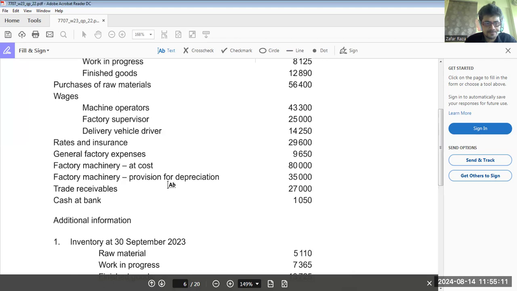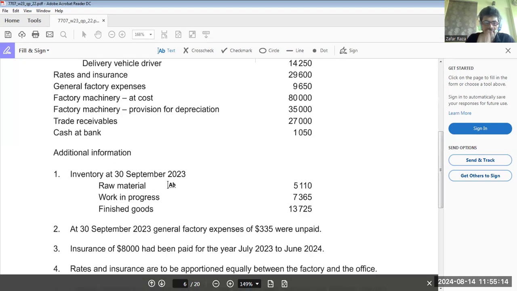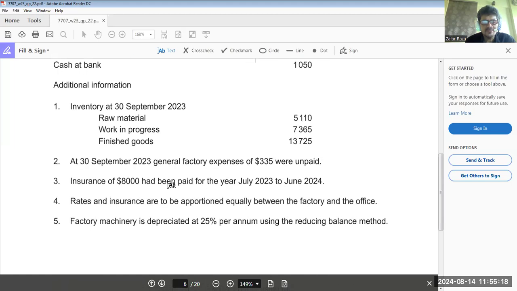Additional information. Closing inventories are given. General factory expenses were unpaid, accrued. Insurance might be, we have to calculate prepaid insurance here. Okay, apportionment of rates and insurance between factory and office, and depreciation of factory machinery using reducing balance method.